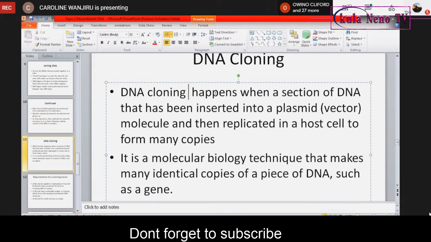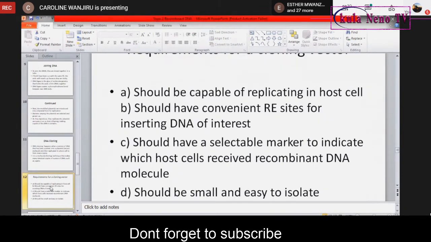By the way, once you are able to make copies of this gene, you can even put them in a library. Yes, there's a DNA library. So that next time somebody wants the human growth hormone, they don't have to go through all this process again and say, oh, we have it. Here it is. So I don't know whether they are sold, but well, they are there.